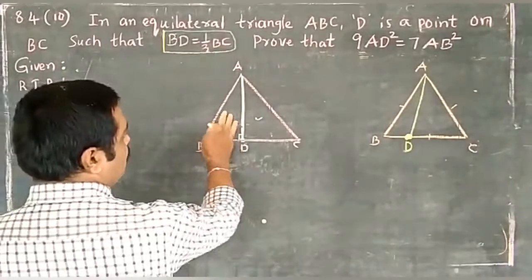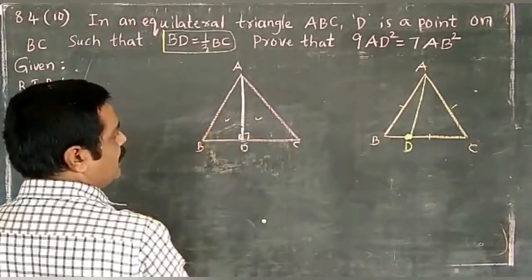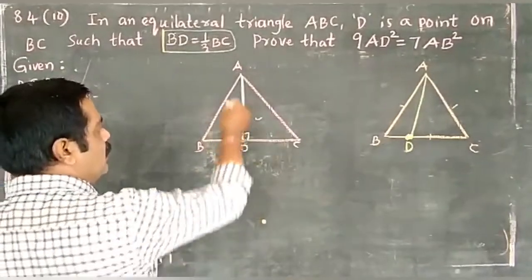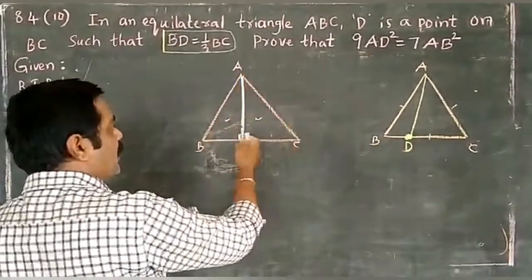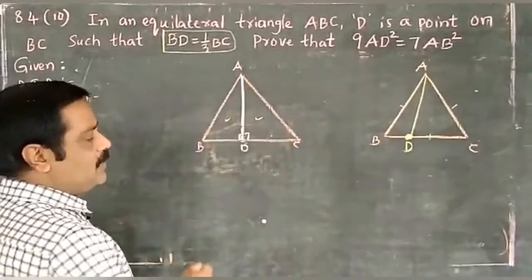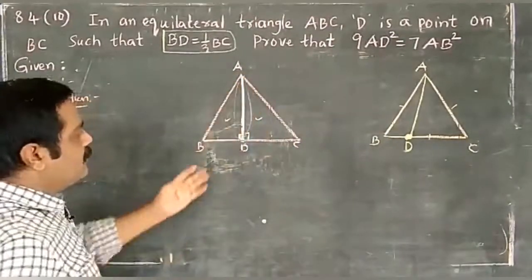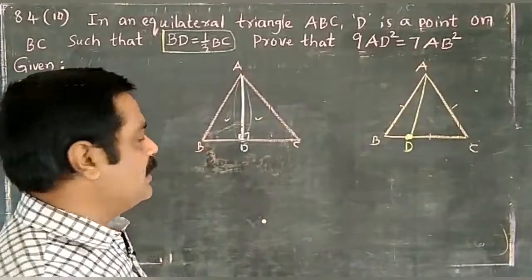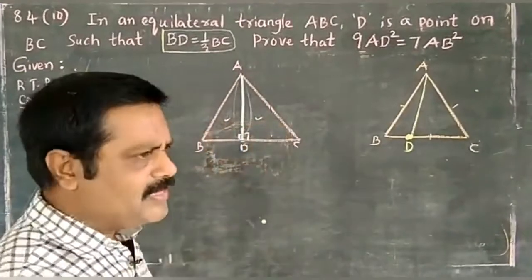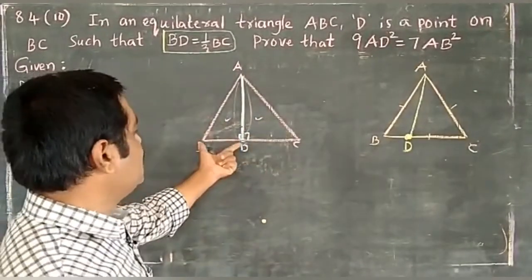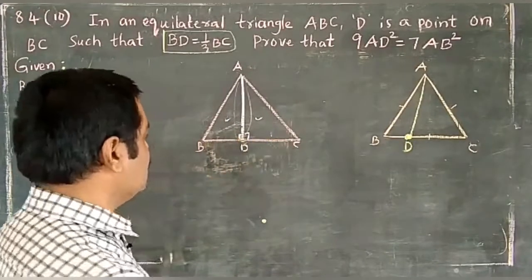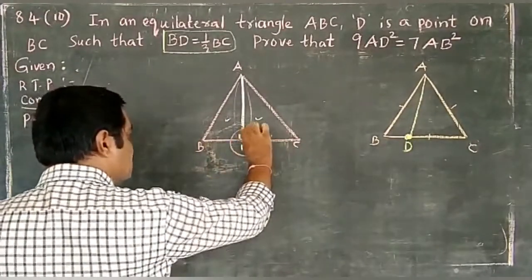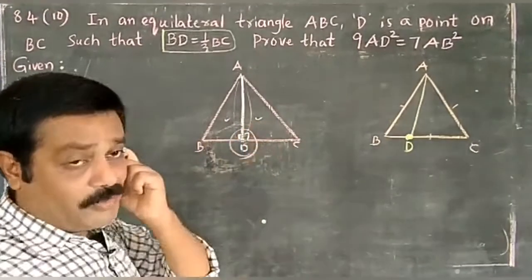How? For these two triangles, right angle is equal to right angle, the hypotenuse is equal to hypotenuse since it is an equilateral triangle, and this is the common side. So these two triangles satisfy the RHS axiom and are congruent. When they are congruent, the corresponding sides are equal, so BD is equal to DC. That's why this point is compulsorily the midpoint.